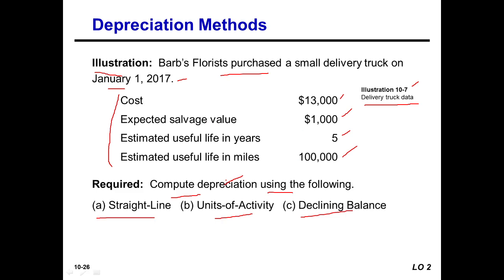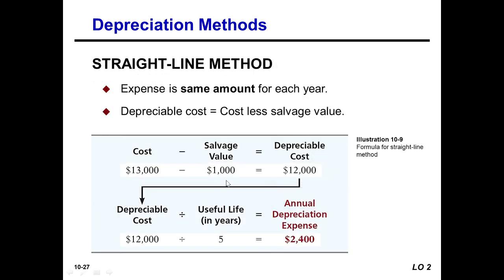Straight line method: expense the same amount each year. Depreciable cost equals cost less salvage value. This is the main formula for the straight line method.